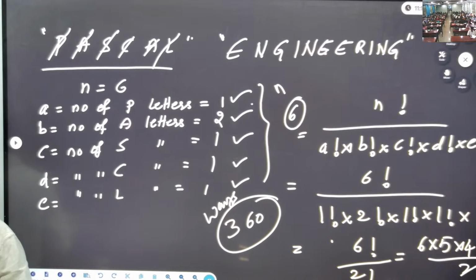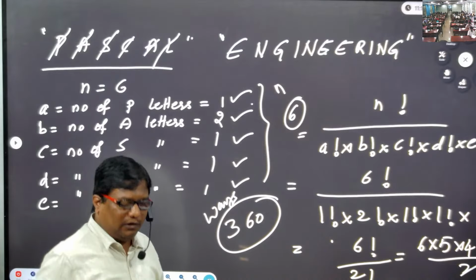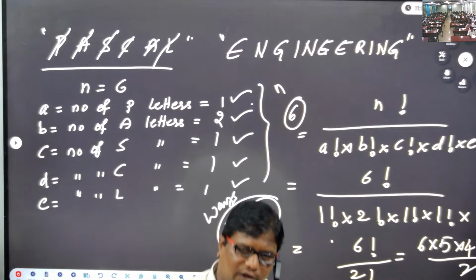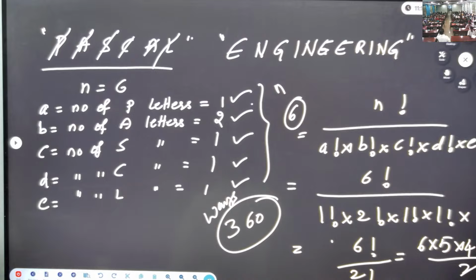What is the A value? A value is the letter E. How many letters of E are there? 3. Next, B value. B value is N, which is of 3. Next, C value.